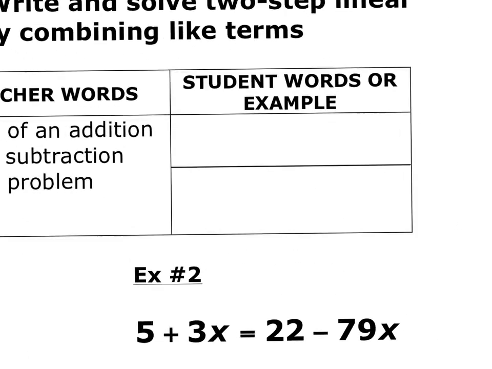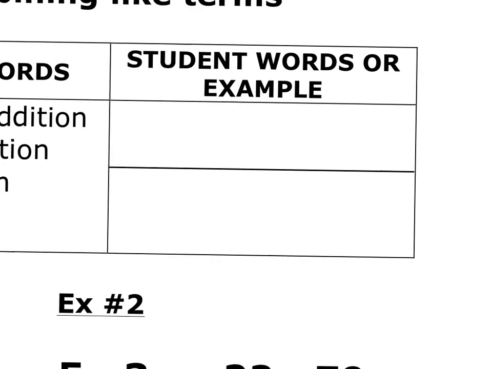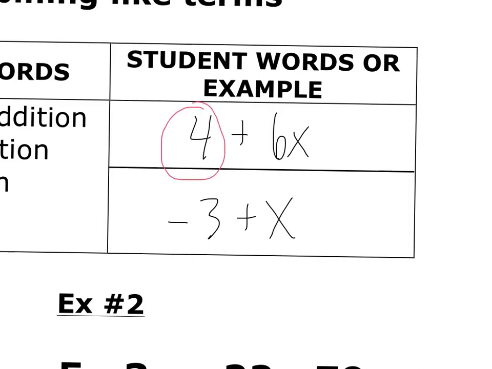Some examples of what that might look like are things like 4 plus 6x, or minus 3 plus x. You'll notice that each one of these has different parts. On this first one you'll have the 4 and the positive 6x, so you have two different terms or parts of one expression.